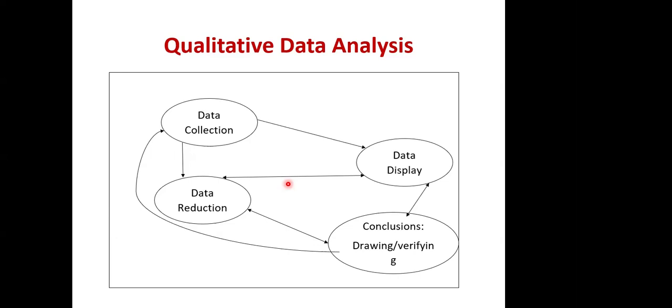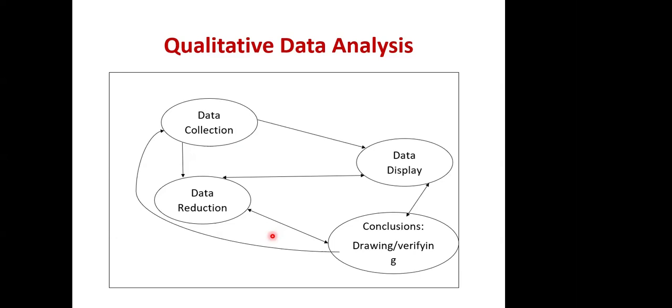Right, so with that in mind, let's look at the processes that Miles and Huberman have suggested. They're quite pioneering and instrumental in bringing out a particular process that you can follow. Also, in qualitative research, we talk about reliability and validity. Of course, these two terms come from the positivism paradigm.